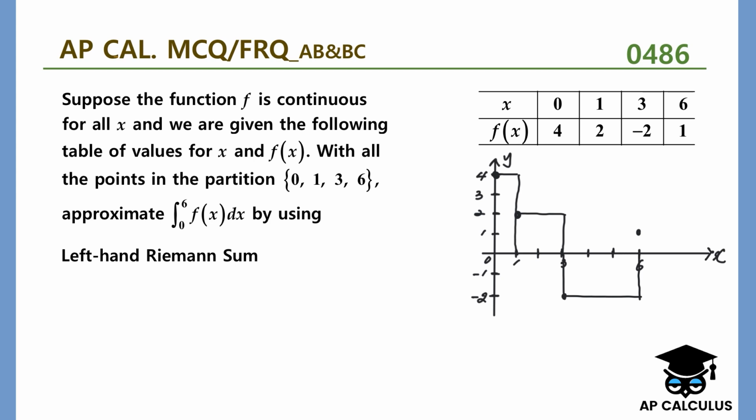So this definite integral of f of x dx can be approximated, using the left-hand Riemann sum, as the sum of areas of these three rectangles. That's going to be 1 times 4 plus 2 times 2 plus 3 times -2.